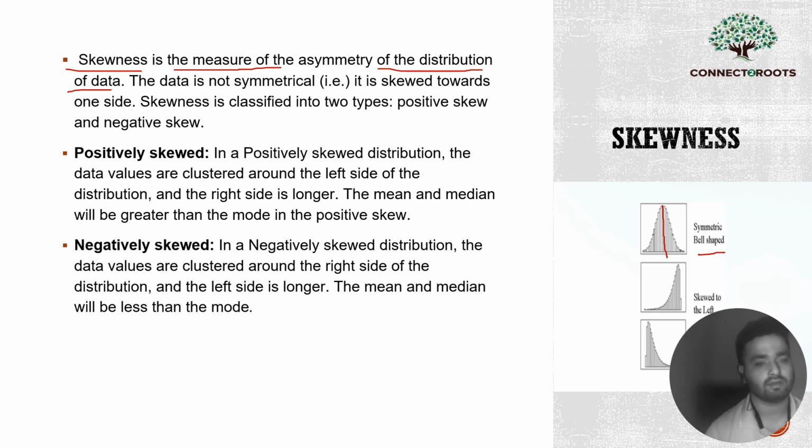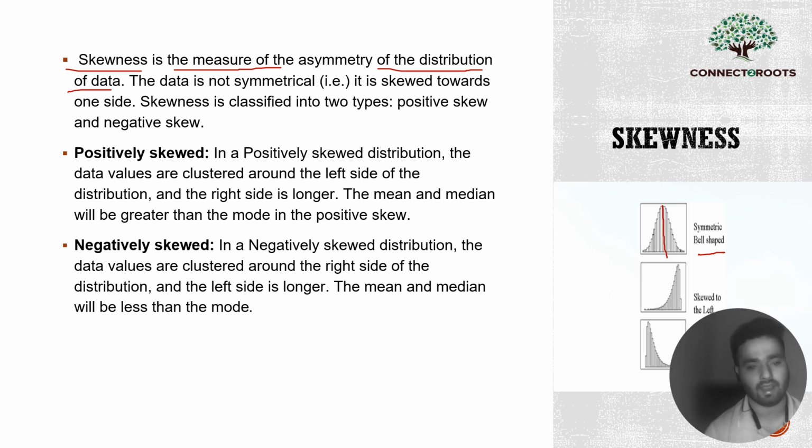Depending upon where it is skewed, if it's skewed towards the right, it's right skewed. If it's skewed towards the left, it's left skewed. As you can see, this is skewed towards the left side of the data, so it's skewed to the left. Here, it's skewed to the right, since its right side tail is long.